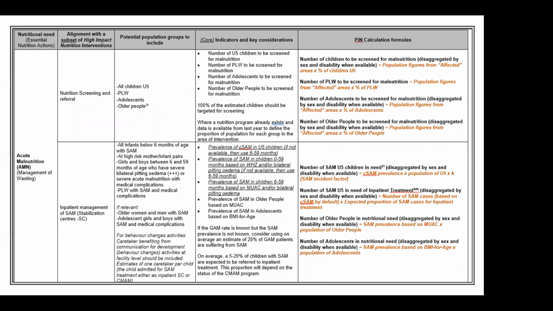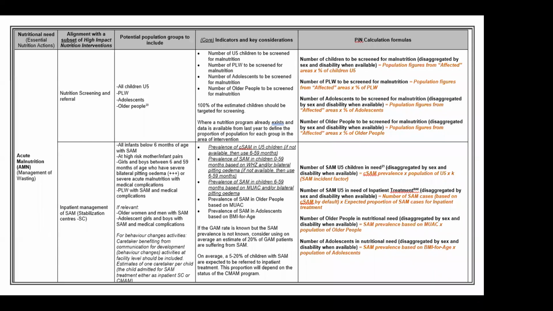To provide a quick snapshot of what that actually looks like in the guidance, I know it's quite busy, but we're showing the nutritional need, and based on the nutritional need, the alignment with a subset of the WHO's high impact nutrition interventions. What are some potential population groups to include?